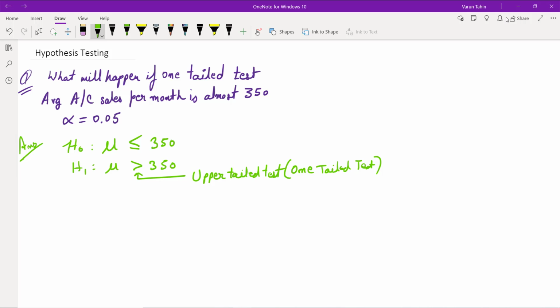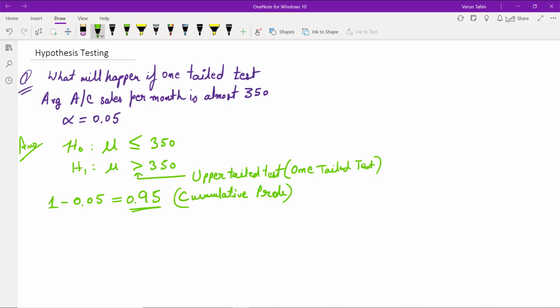So the first thing we'll do here is calculate the cumulative probability. Since this is an upper tail test or right hand test, we will subtract this value from 1. This will be an unsplit value, so all the region will be concentrated on the right. So 1 minus 0.05 is 0.95, and this becomes the cumulative probability.